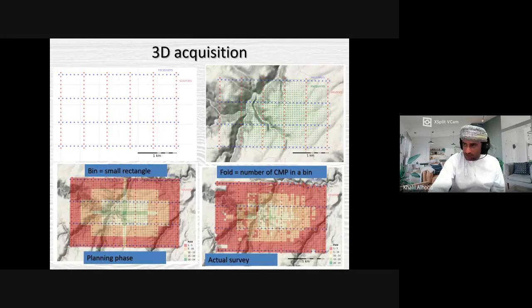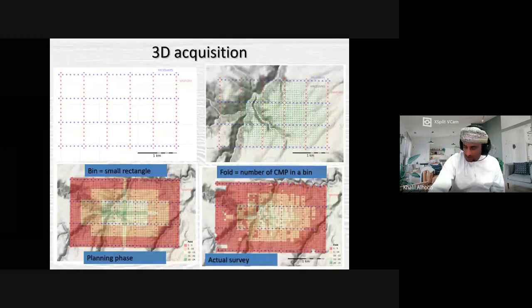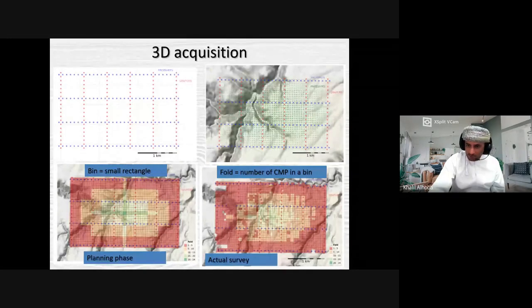If I draw them all, it becomes something like what you see here. There are more midpoints in the middle because I can make a lot more midpoints there than in the flanks, in the sides. If I plot how many midpoints there are, they are high in the middle. So this green color bar says something about the fold: how many midpoints in that small rectangle, in that bin?